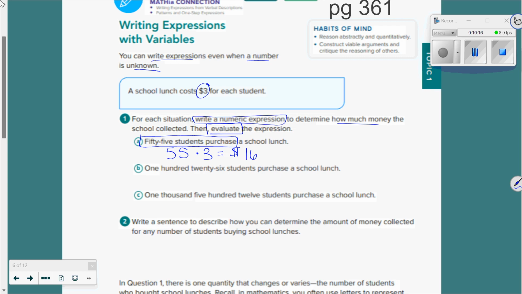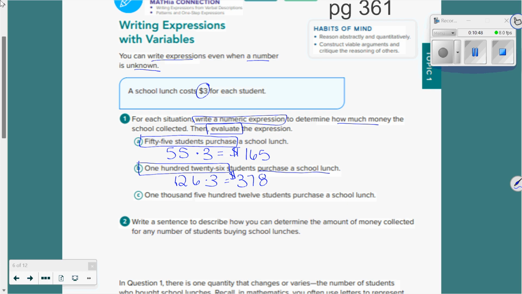Yes. All right, then it says 126 students purchased a school lunch. What am I doing? 126 times 3, and what does that give me? 378. Make sure you put that dollar sign.